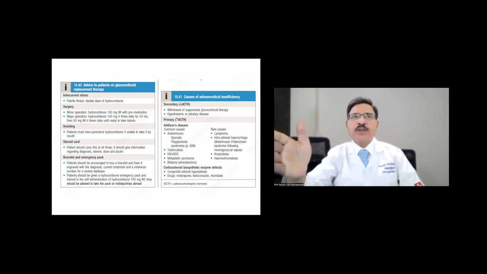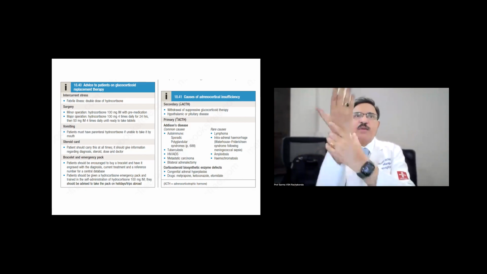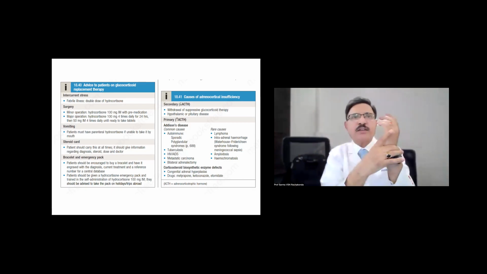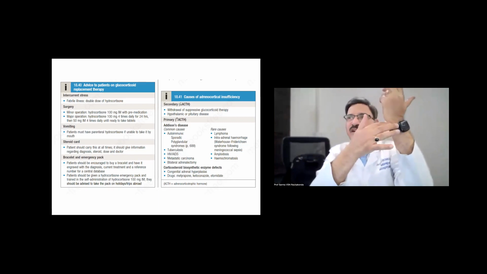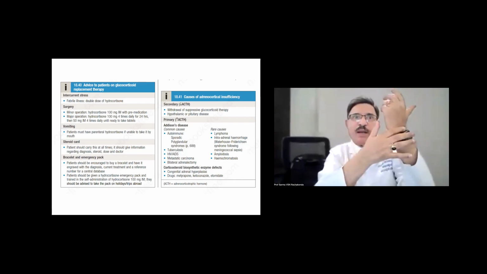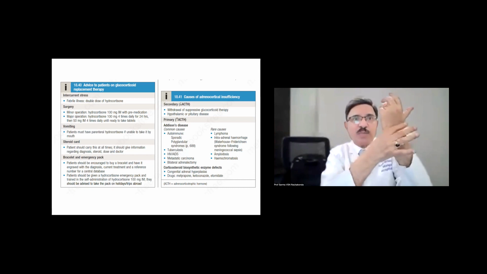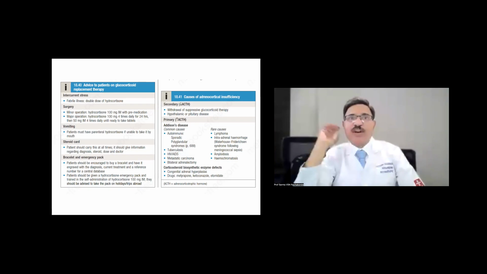And every patient on steroid replacement must have a steroid card and must have a bracelet. In Western countries, they give a bracelet: I am on steroids, I am on anticoagulants, I am on anti-epileptics. The anti-epileptic band will be one color, the steroid band another color, and the anticoagulant band a different color.